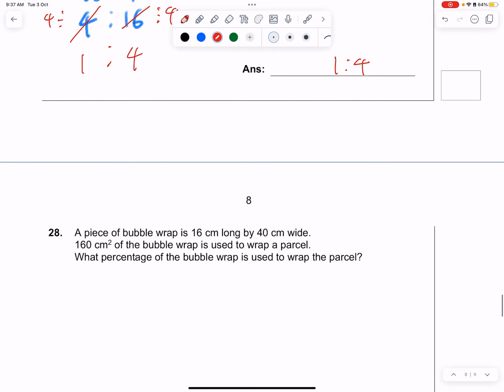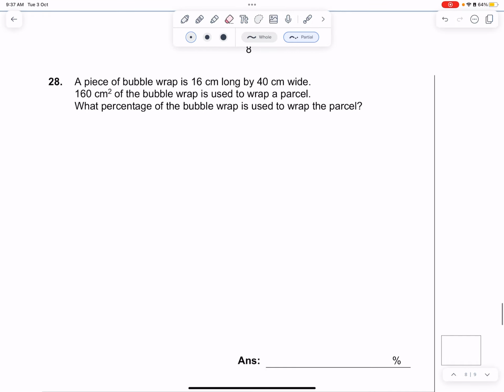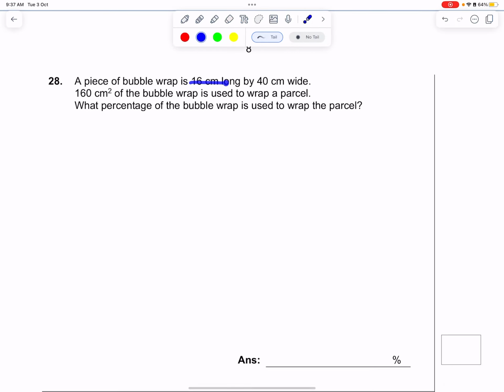Next. A string of bubble wrap is 16 cm long by 40 cm wide. 160 cm squared of the bubble wrap is used to wrap a parcel. What percentage of the bubble wrap is used to wrap the parcel?